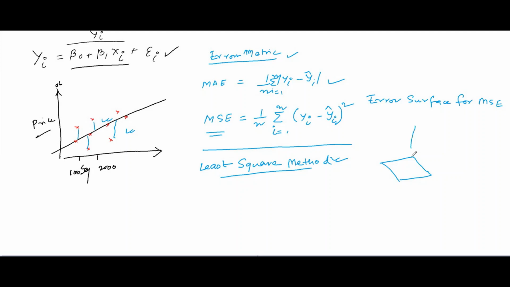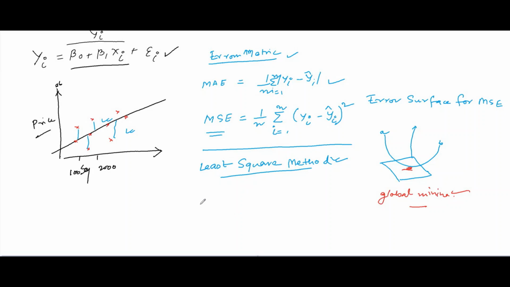Again it's a little difficult, but let's consider this is my coefficient A, this is my coefficient B. So it will look something like this. And what is our main goal? Our main goal is to find this global minima. So this is called the global minimum. Okay, so this is our main goal.